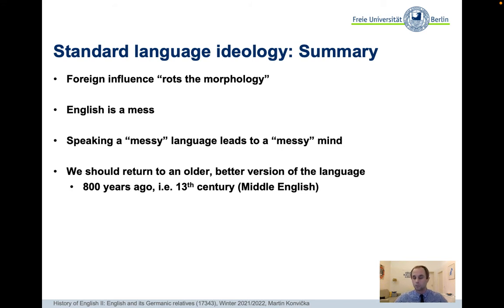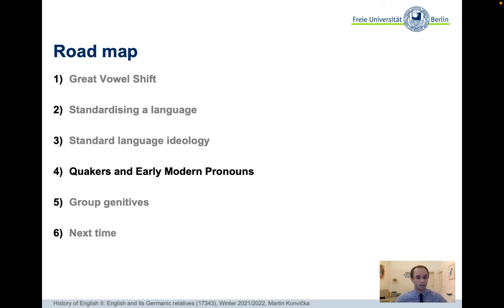And also, what's very often the case with standard language ideology is that foreign influence is bad. Loan words are bad, and we should all strive to integrate loan words into the language. These things. Okay, so we've talked theoretically about standardizing the language and about the standard language ideology.